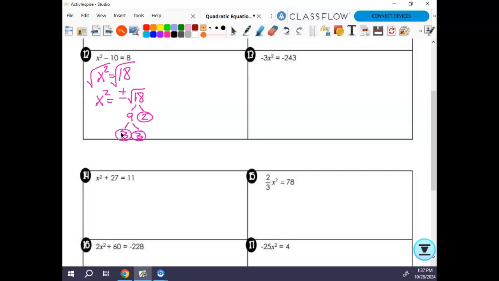So then what I really end up with, x equals, and then I've got plus or minus. I look for pairs. These two 3's come out of the little house as a regular 3. This guy doesn't have a pair. He stays inside. It's 3 square roots of 2. Okay? Everybody okay with that?